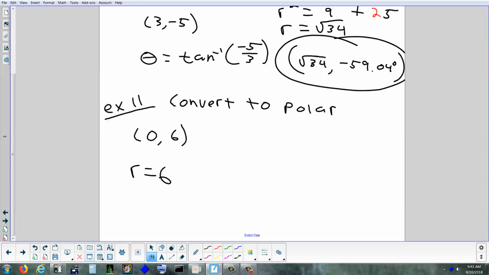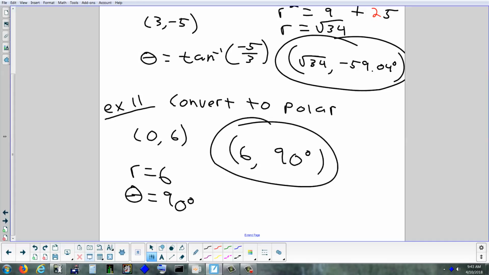You're right on the axis. So 6. Because you're on an axis, we should already know the angle. It's just up 6. So what's the angle? Yep. 90. So your answer, (r, theta). Again, that's one of 4 ways you could write the answer. Okay, any questions on that?